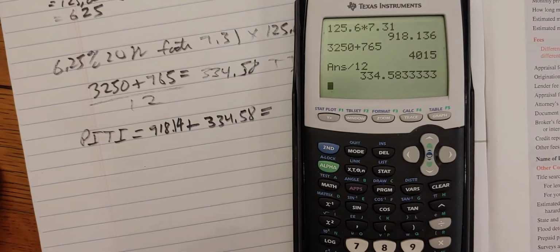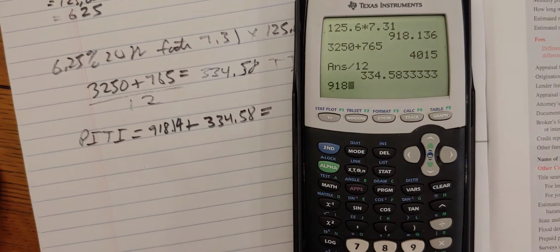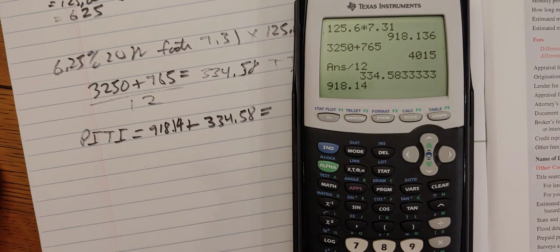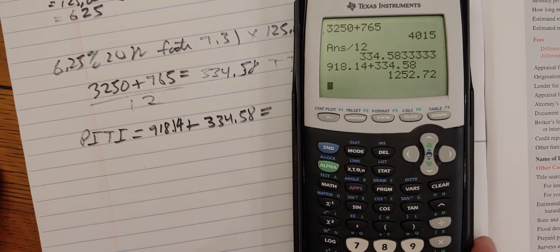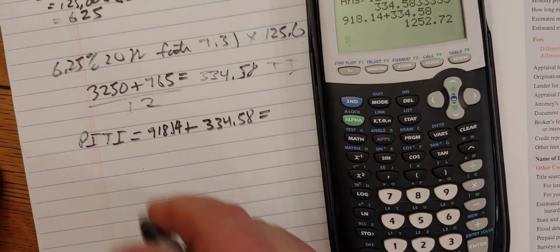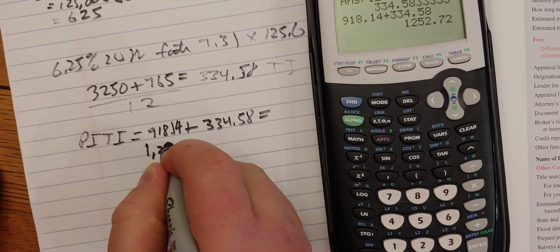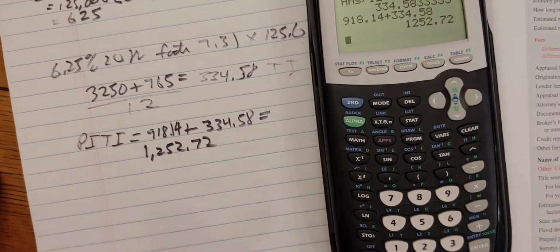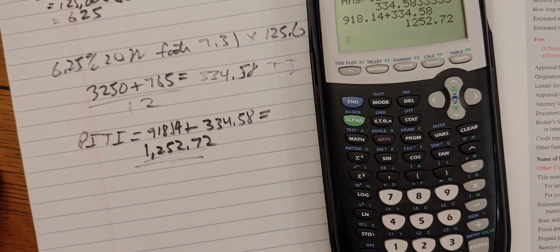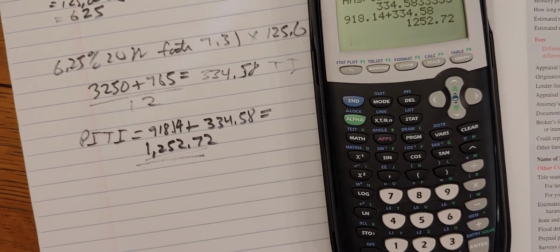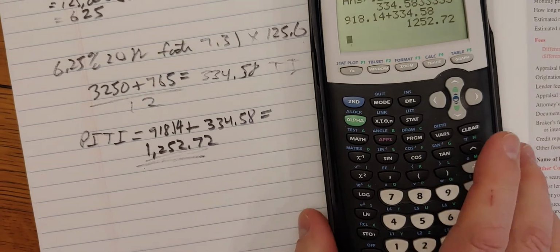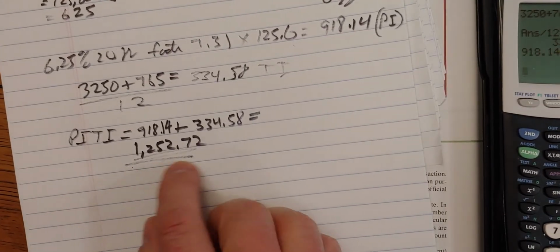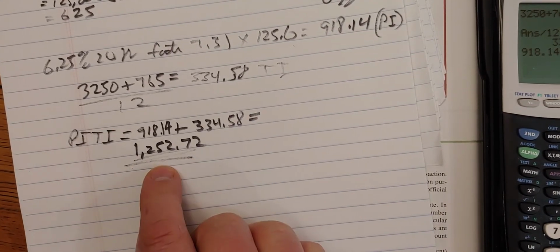So that should end up being $918.14 plus $334.58 equals $1,252.72. All right, we're good. So this would be then the payment they would make for the loan each month.